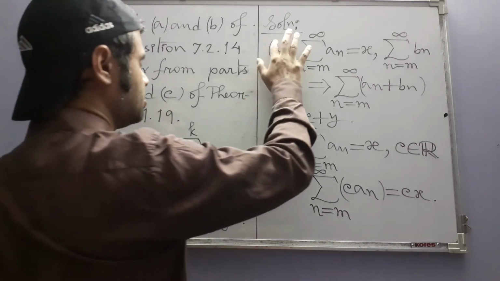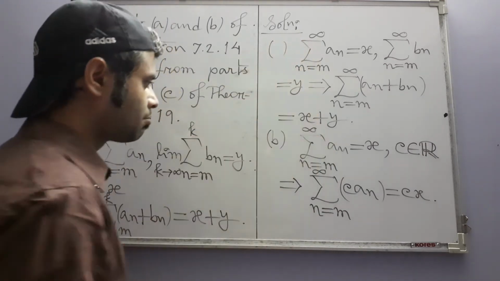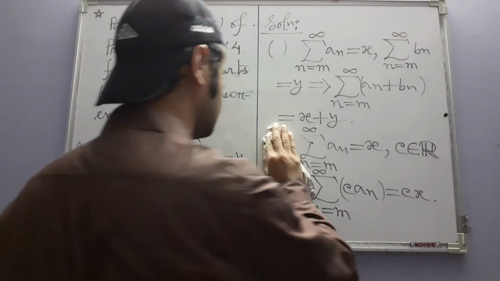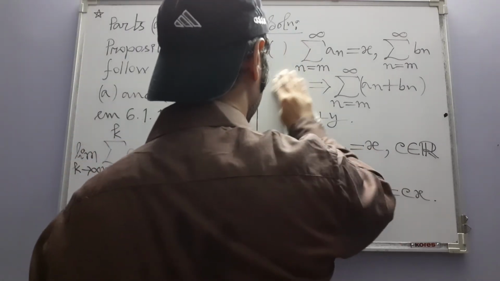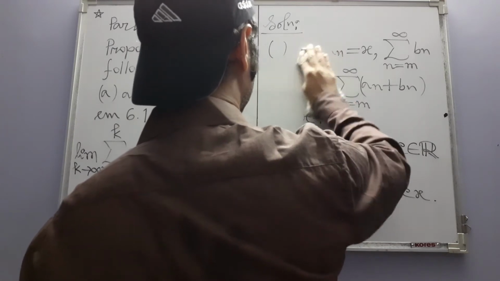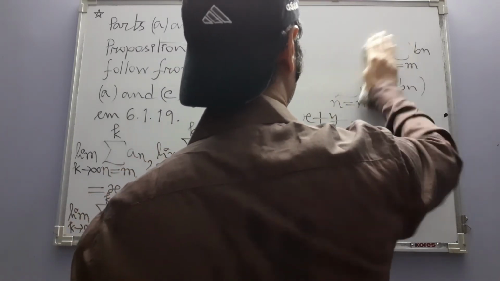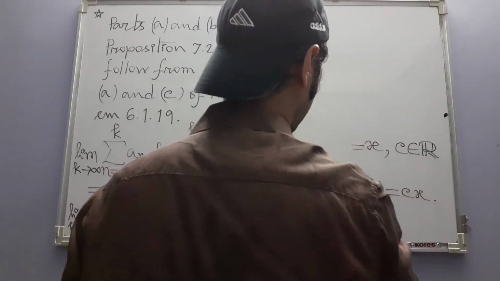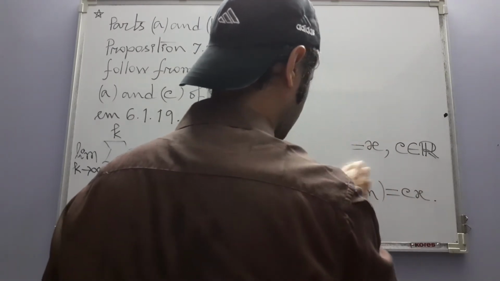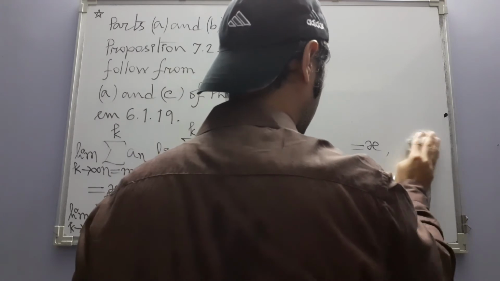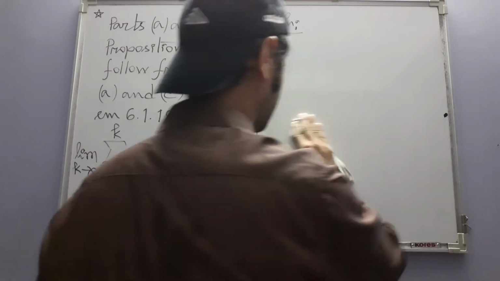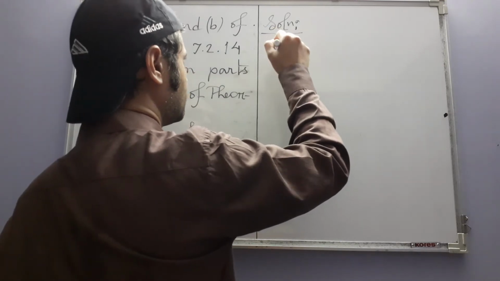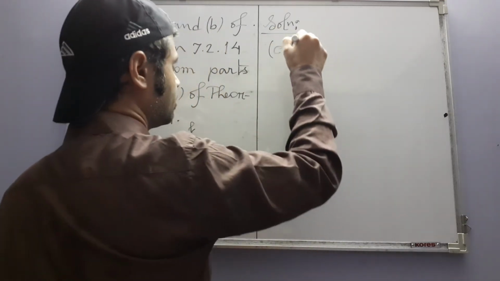Now next we see part C. Part C is not that straightforward, but still it's not very difficult. I mean, it's not significantly more difficult than these two things. So part C is this.